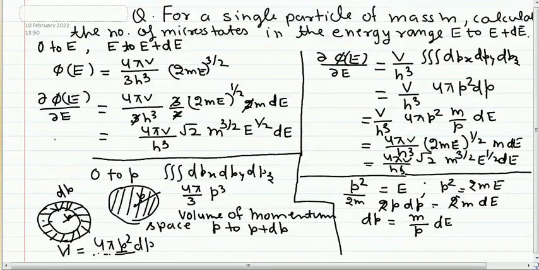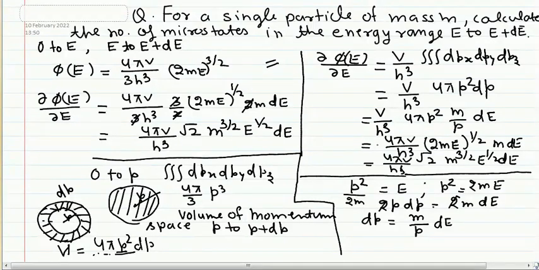Because we have already calculated this portion, therefore this is easy. But if you start with a fresh question and you don't have this part, then you can proceed in this manner also. So this is about the division of the phase space into various cells and the calculation of the microstates.